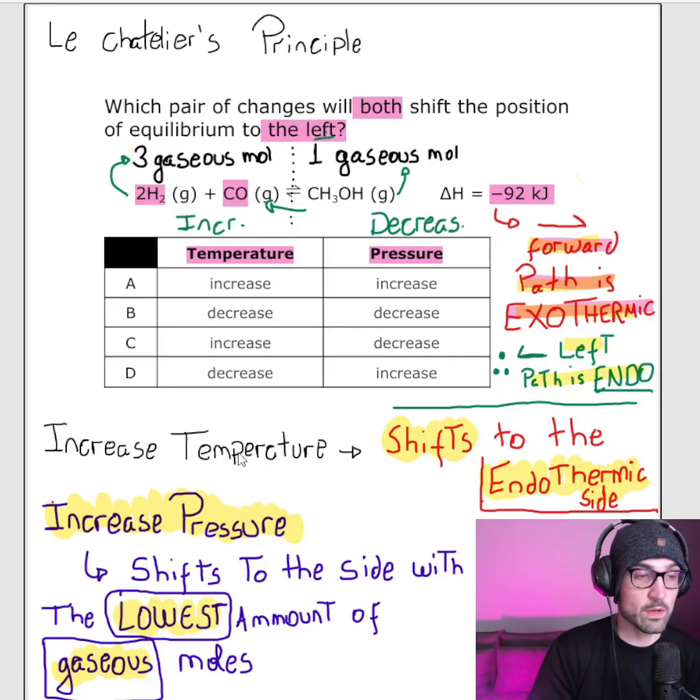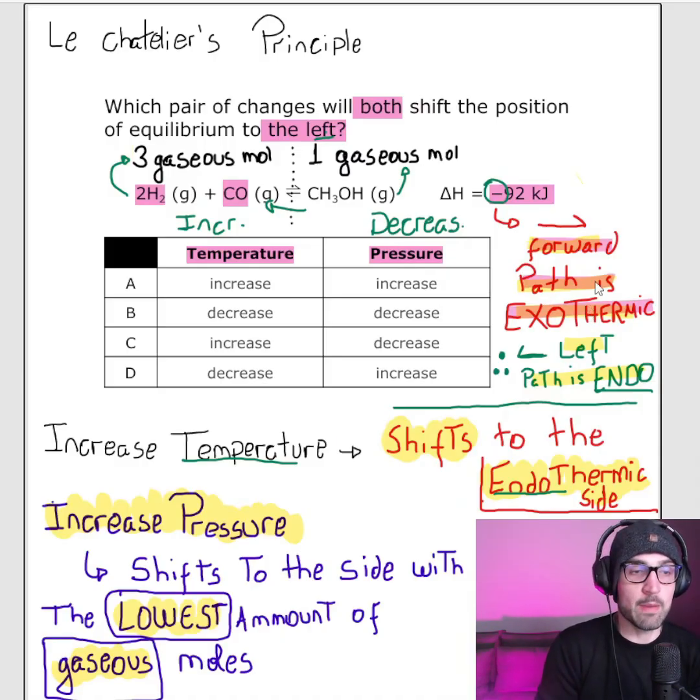And this is always going to happen. If you increase the temperature, it will shift to the endothermic side. In our case, the endothermic side is the left side, because it was presented for us that the delta H of this overall reaction is negative, which means that the forward path is exothermic. And by elimination, I only have 2 paths.